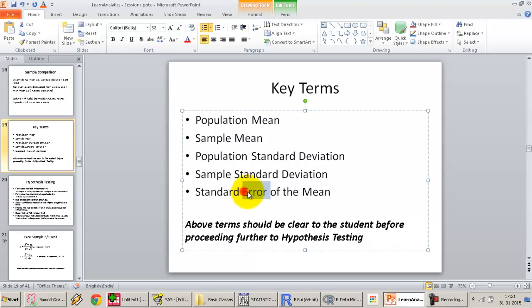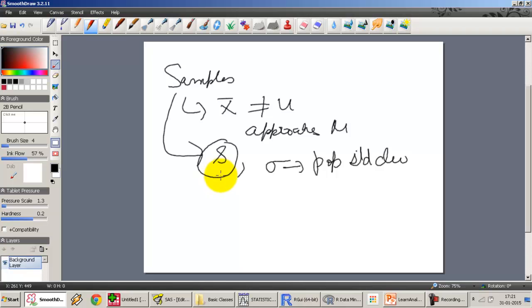And coming to the standard error of the mean. The standard error of the mean is neither the population standard deviation nor the sample standard deviation. If I extract a selection of samples from the population, I have sample 1, sample 2, all the way till sample n.